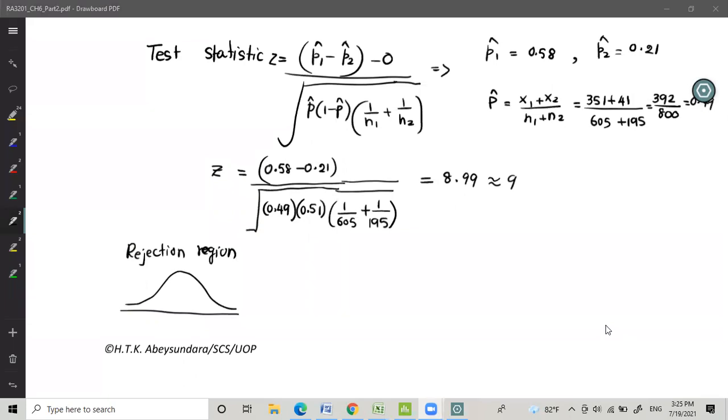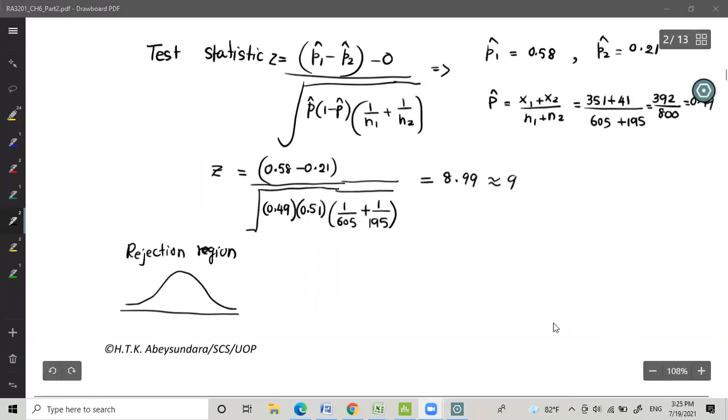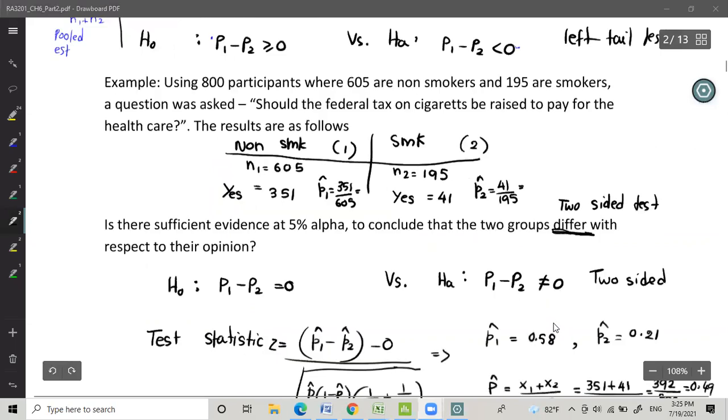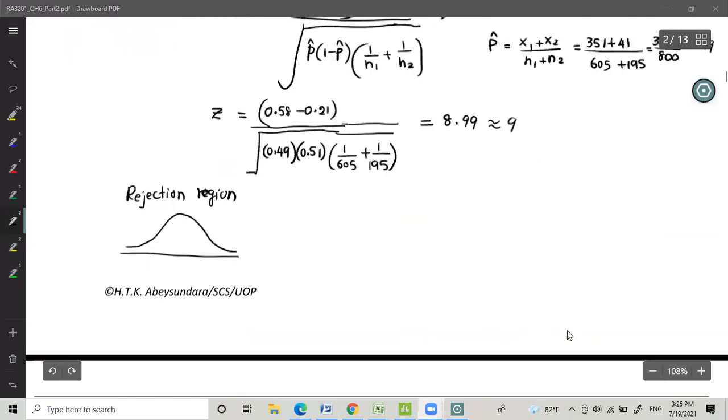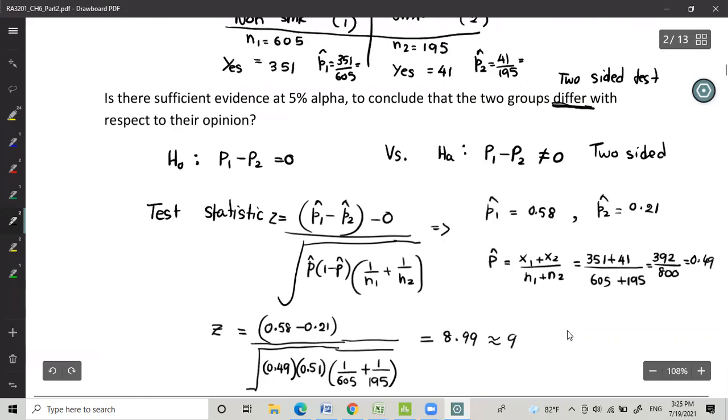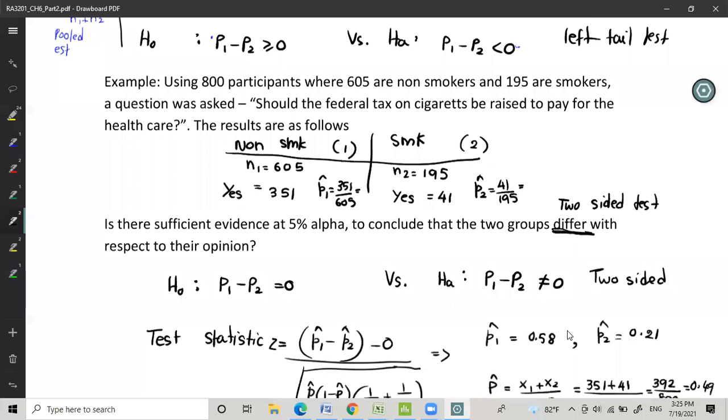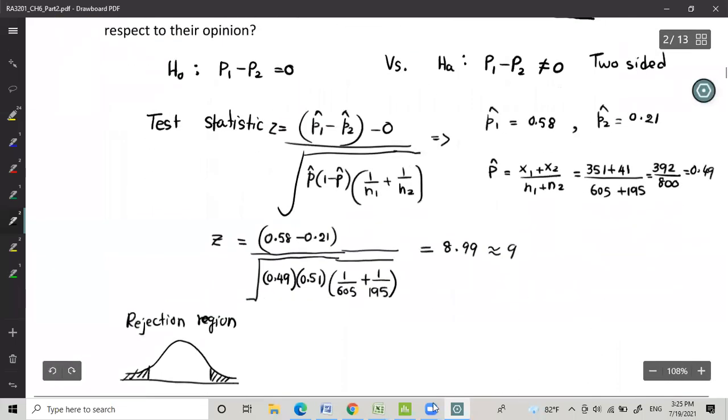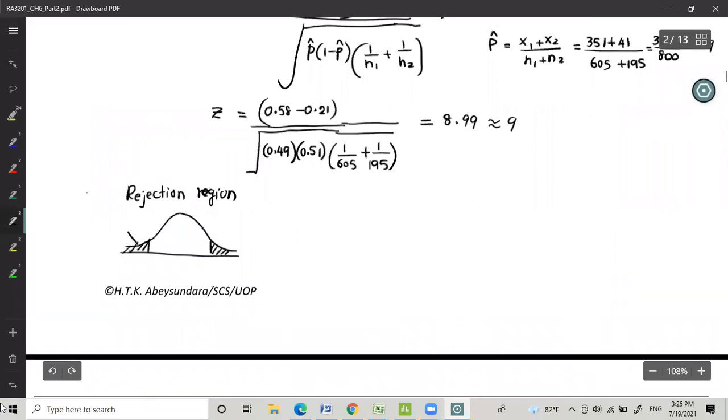So let's use the rejection region approach. Sorry, the critical value approach. So you have a two-sided test, which means you have rejection regions on both sides. What is the alpha? At 5% alpha, you have to divide 5% by 2 and put half to the left and half to the other side.